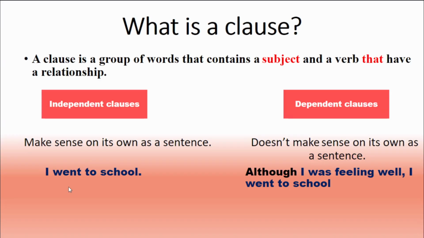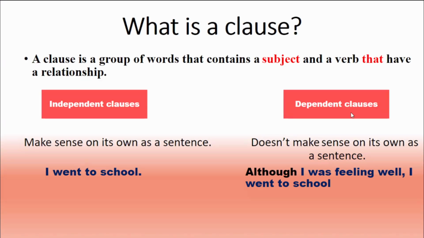We have a subject, a verb, and we can get an idea without any help of another phrase or word or anything, right? එතකොට I went to school කියන්නේ independent clause එකක්. If it can stand alone without depending on anything, it is an independent clause.